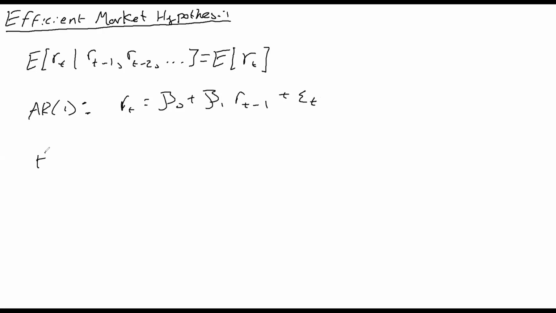If the null hypothesis, that the efficient market hypothesis is correct, holds, then beta 1 is equal to 0. If it's not correct, then beta 1 is not equal to 0, and we can use historical returns to predict future returns. So now we'll do this in Python.